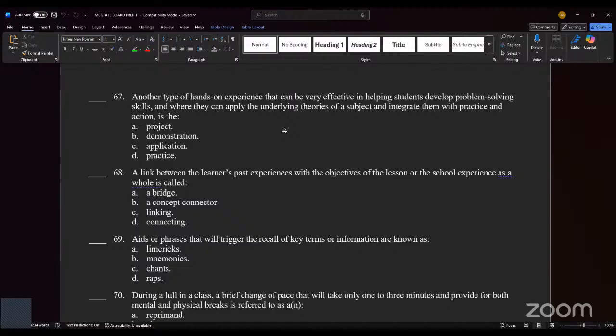What is it, guys? What is it? Okay, let's go in and see what we have. Number 67.